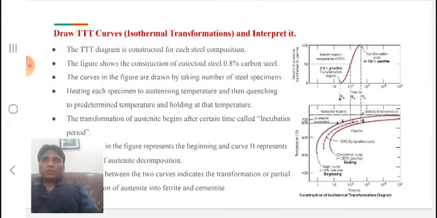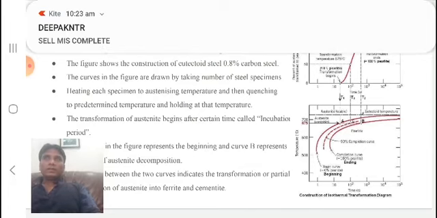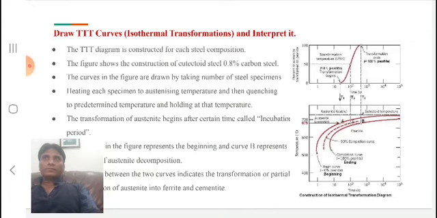Heating each specimen to the predetermined temperature, that is the austenitic temperature, and holding it there for a sufficient period for uniform heat distribution, and then bringing that austenite phase to the cooling temperature, and finally the metal is quenched.